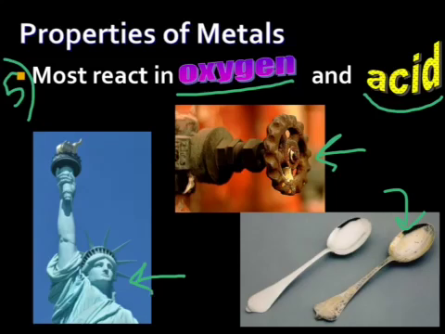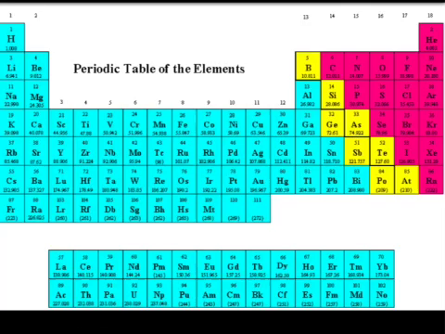So copper, iron, and then this is silver, all react in oxygen. And there's a chemical change that occurs, so there's a color change and a texture change, as you can see in these pictures. That is a property of metals, that they react that way.